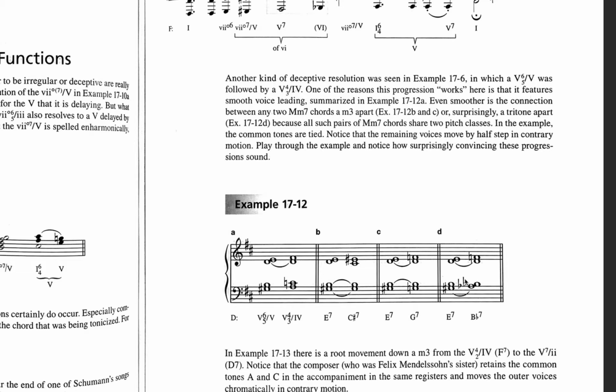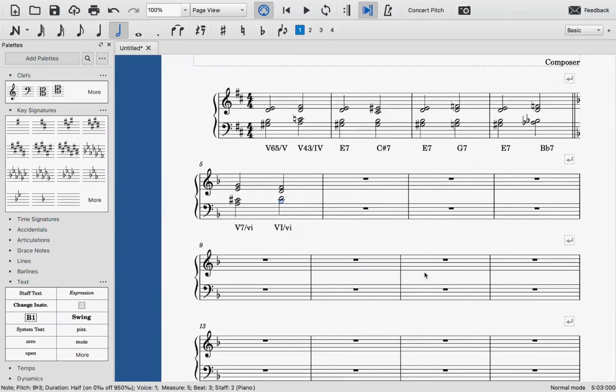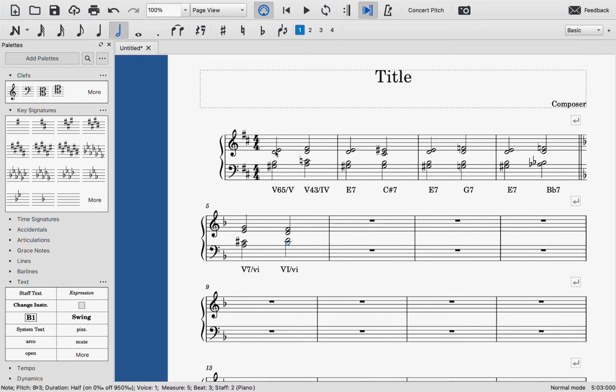And that's what Beethoven did, that's what a lot of composers do. And that's what we're going to see in the next example. Deceptive resolution, not because they're related to each other, just because the voice leading is very smooth. And I wrote these chords over here so we can listen to them.